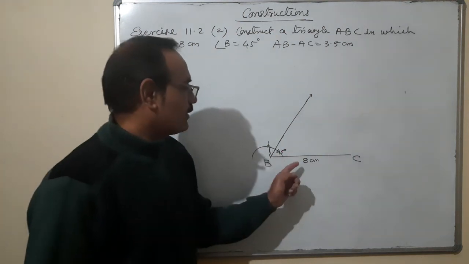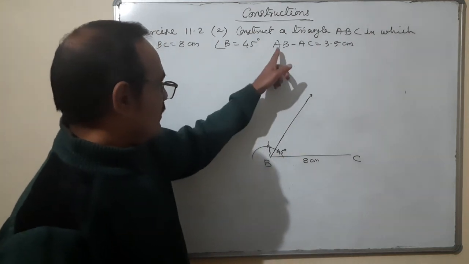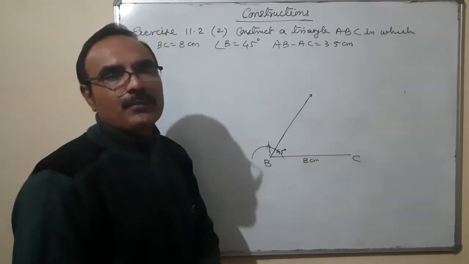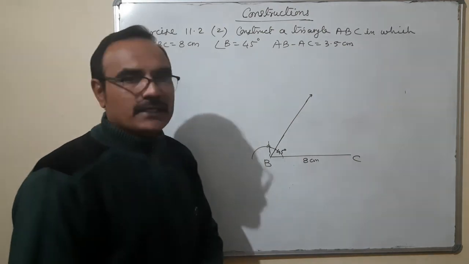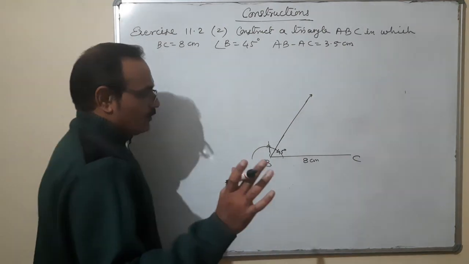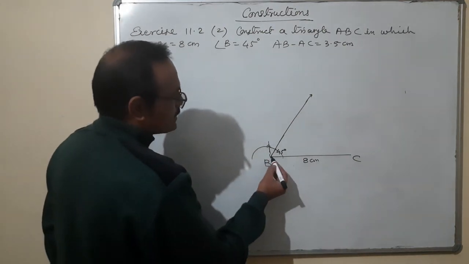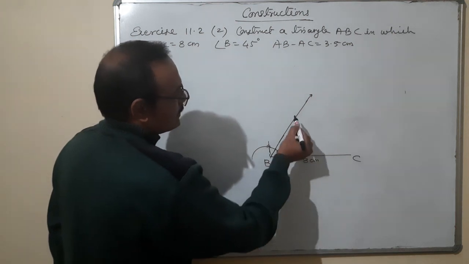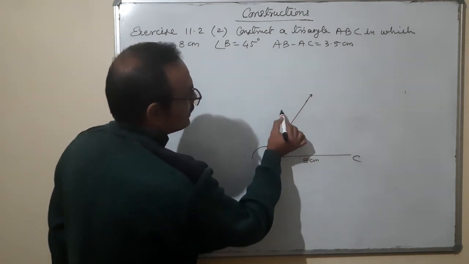After that, AB minus AC is equal to 3.5. Open 3.5 with B as center and cut it on the ray.